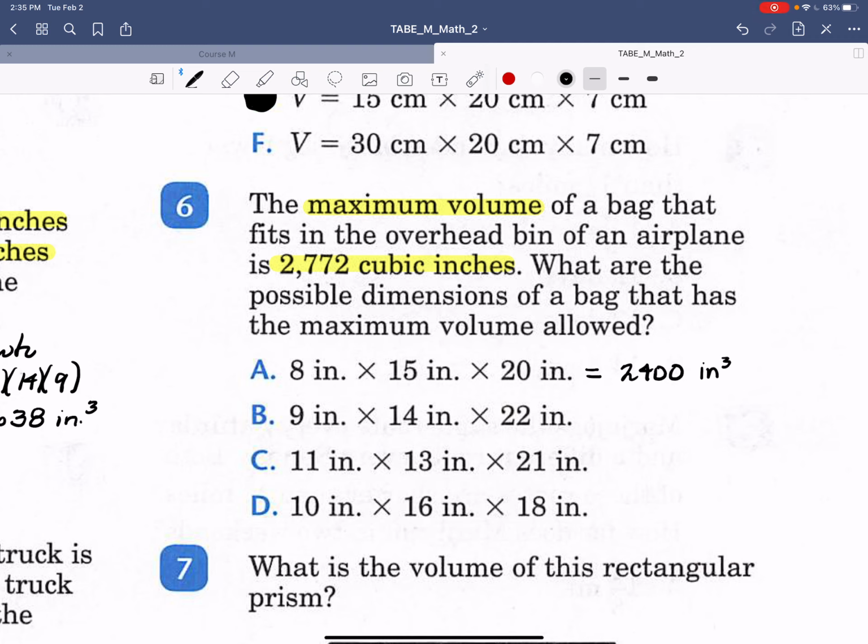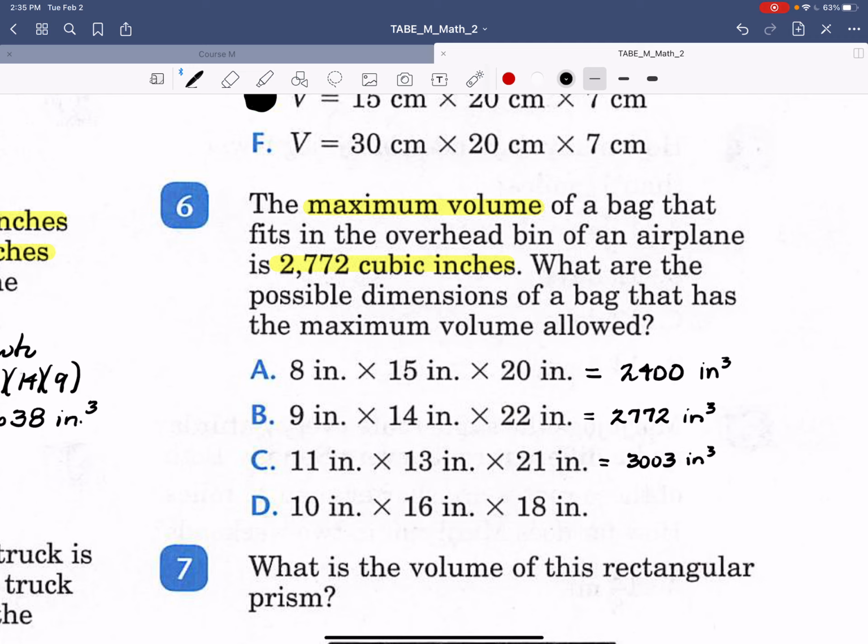Then 9 times 14 times 22 is 2772 cubic inches. 11 times 13 times 21 is 3003 cubic inches.